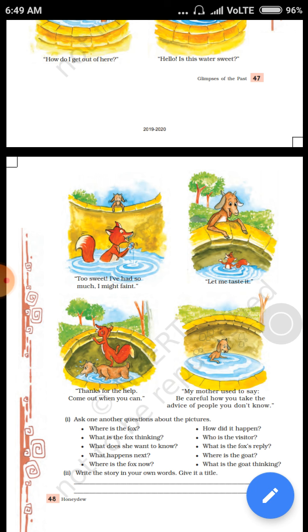The fox climbs on her back and jumps out of the well. And you can see in the last picture, the goat is thinking that my mother used to say, be careful how you take the advice of people who don't know.